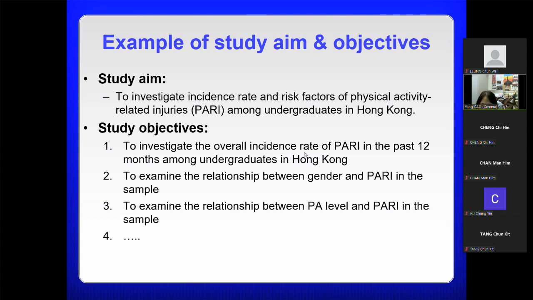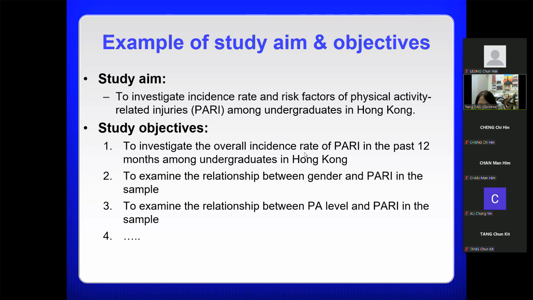The first is to investigate the overall incidence rates, and then to identify the risk factors. To identify risk factors, the authors wrote down the following objectives: to examine the relationship between gender and the injury, and to examine the relationship between the physical activity levels and the injury in the samples.